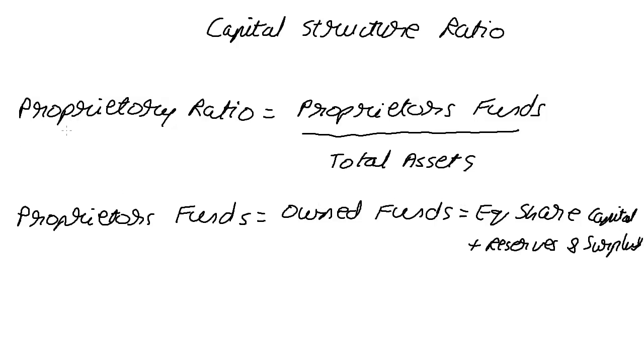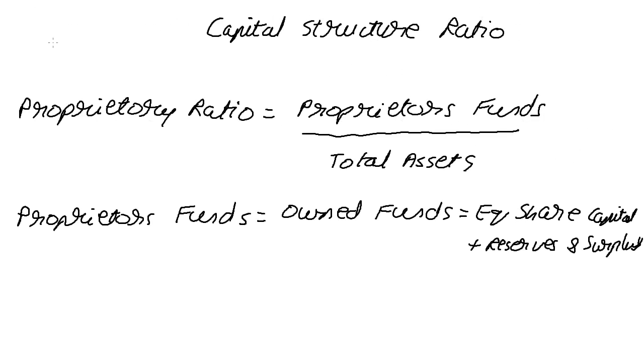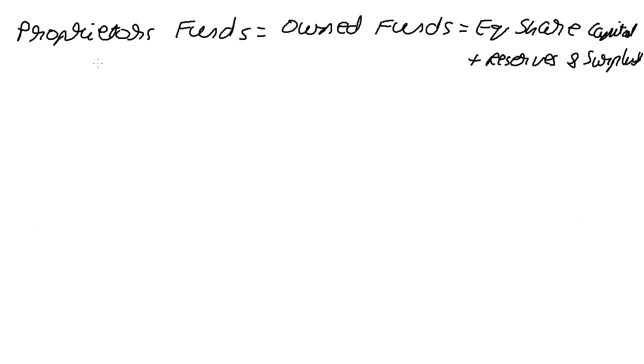Okay, so we have proprietors funds, proprietary ratio, and what it calculates is the proportion of the owner's contribution or owner's investment compared to the assets of the business.